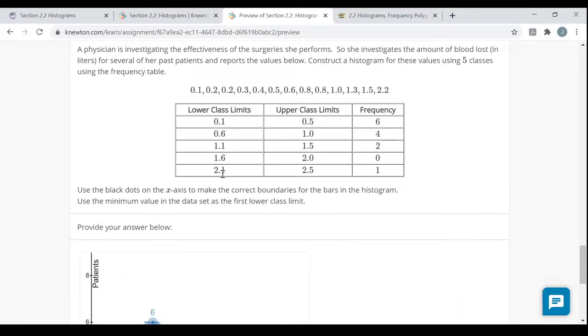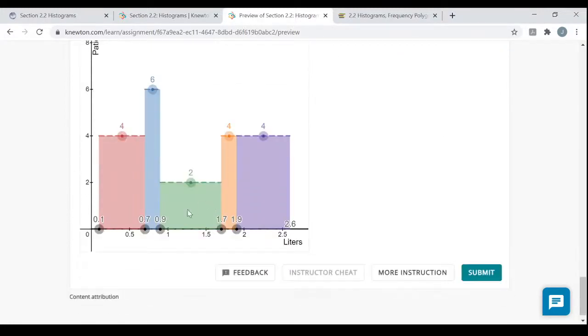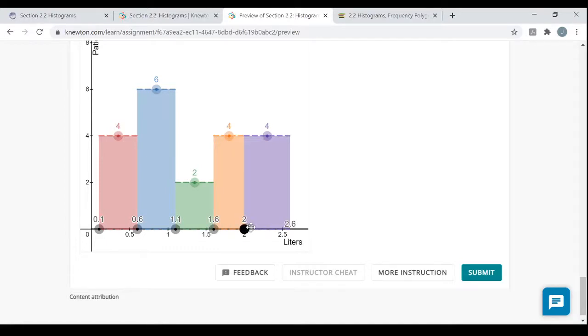All these lower class limits, put the black dots at those. So then keep adding 0.5, right? So then 0.6 for the next one, 1.1 for the next one, 1.6 for the next one, 2.1, and then you see how 2.6 at the end that you can't move is 0.5 away. So the width of every bar should be 0.5, that class width that we decided.